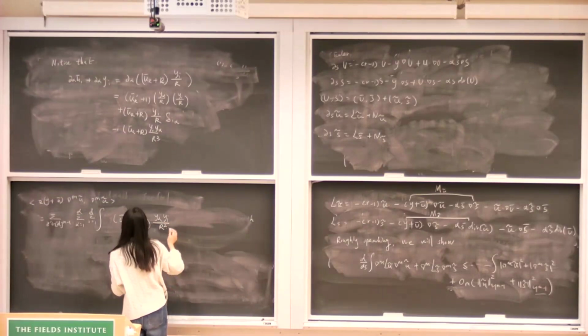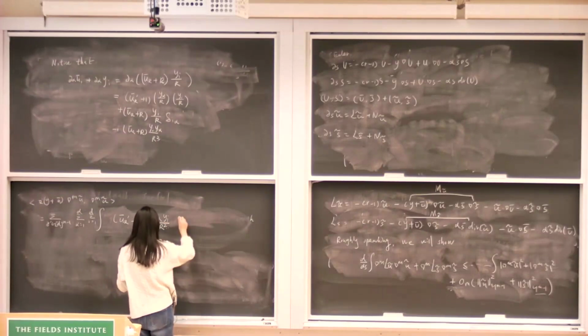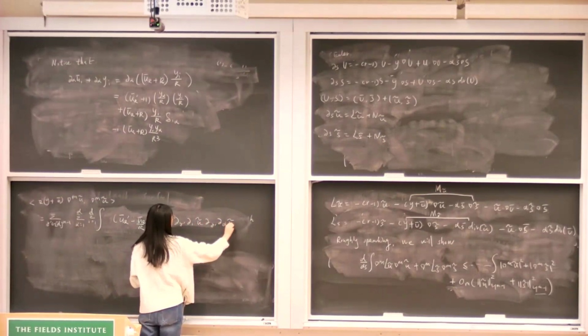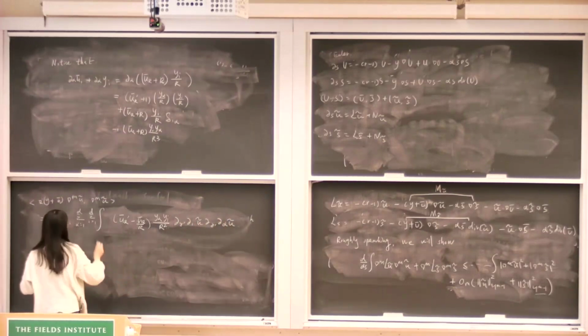Then we have this partial gamma prime partial I u tilde, partial gamma prime partial R u tilde. This is the first term.